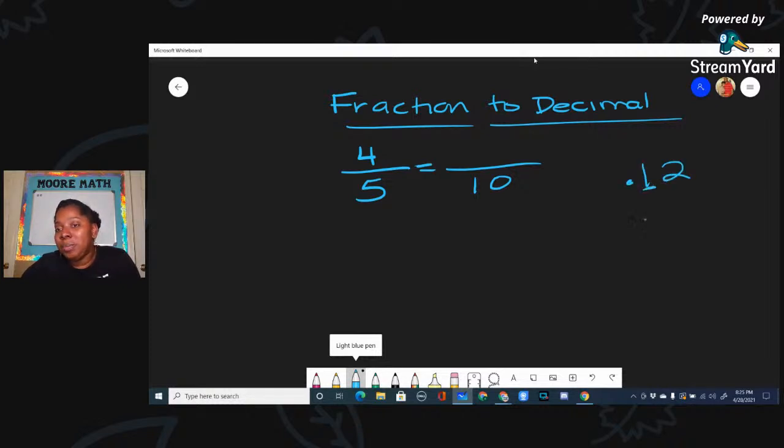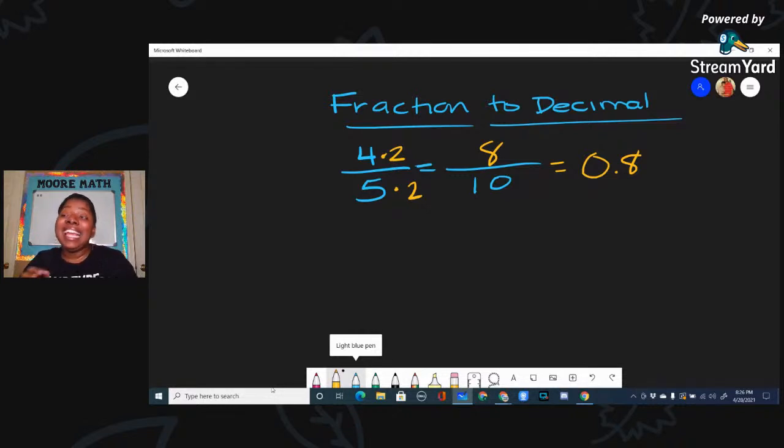The 1 is in the tenths place and the 2 is in the hundredths place. So anything that you can turn into a 10, 100, or 1,000 denominator is an easy way to turn it into a decimal. So this becomes 8/10, which we write as 0.8. That's how we would write it as a decimal. Okay, that's the easy way.